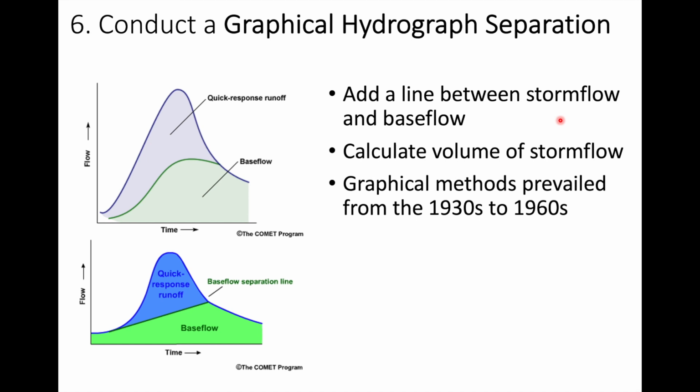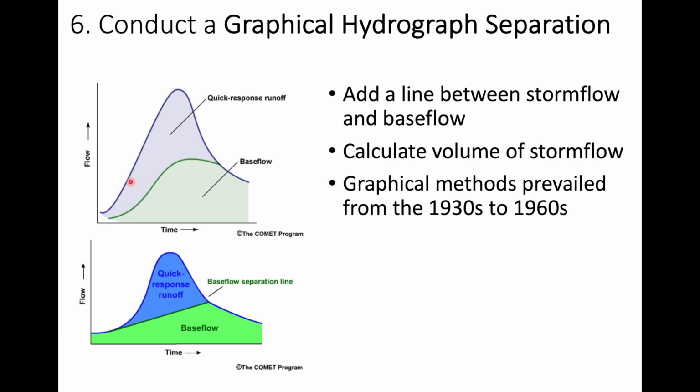But the general principle is that you have some sort of hydrograph and you draw a line through the hydrograph that separates out base flow below the line and quick flow or storm flow above the line. And then you look at that and calculate the volume of storm flow, so the volume of stream flow above the line, and that gives you your storm flow.